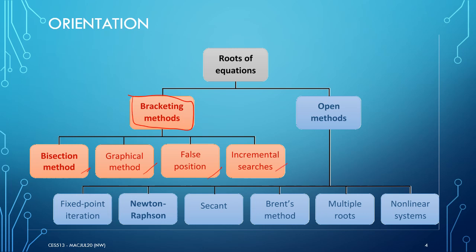For the bracketing methods, we only covered the bisection method in the previous subtopic. For the current topic, we will cover the Newton-Raphson method, which is under the open methods that consist of fixed point iteration, Newton-Raphson, secant, Brent, multiple roots, and nonlinear systems.